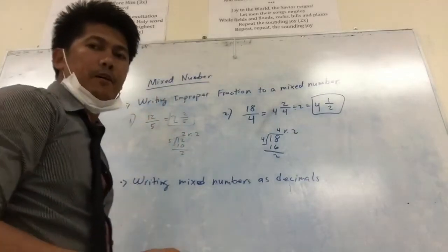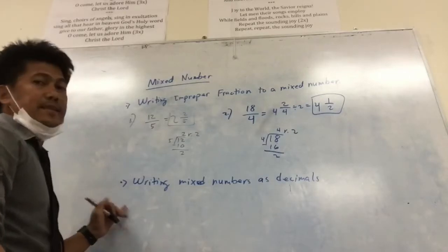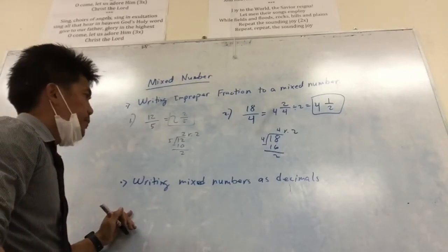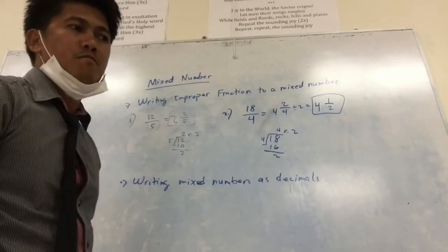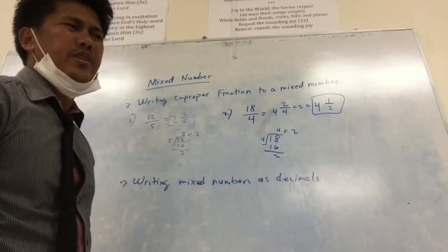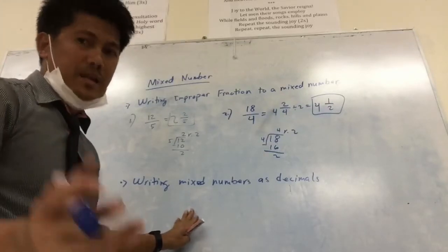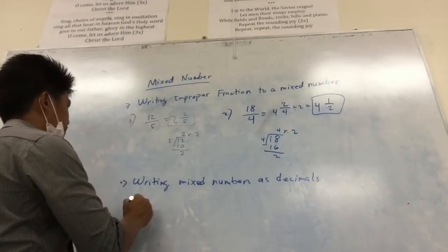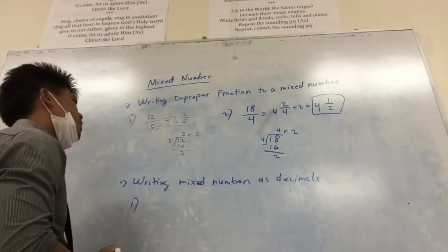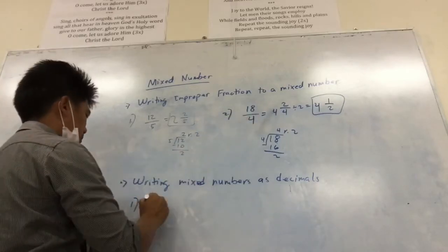Now, let's do writing mixed numbers as decimals. If you remember our lesson before, you can actually do this as fast as you can. For example, let's say 4 1/2.